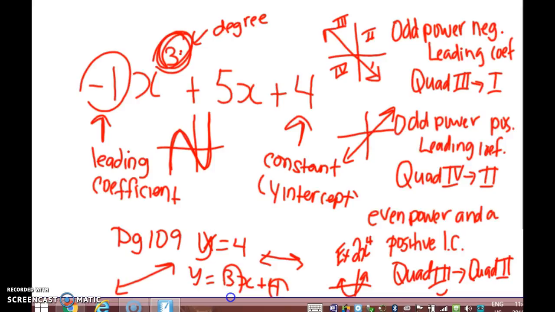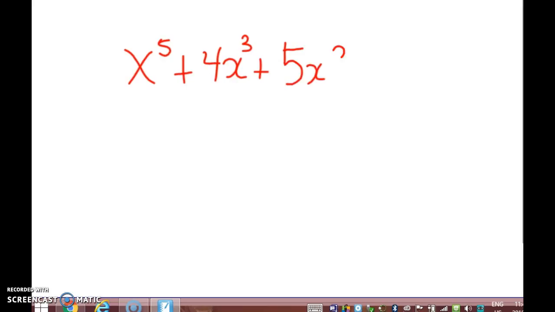Okay, so in a lot of these questions, they'll say, how many possible x-intercepts are there? So if you had something that was, I could put another blank screen. Say I had this. The degree of this one is 5.